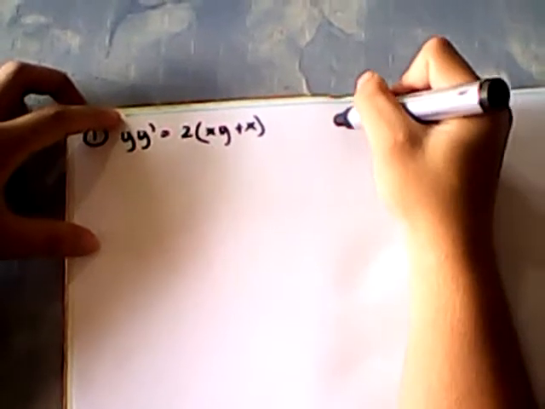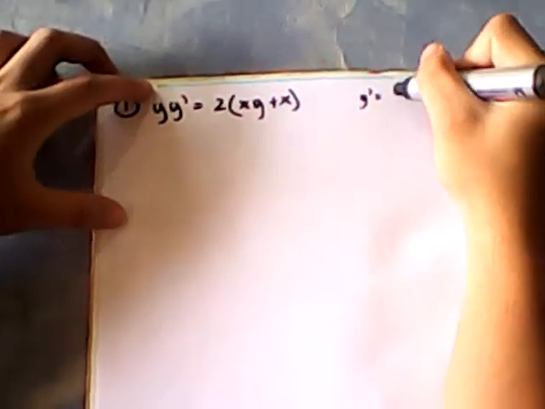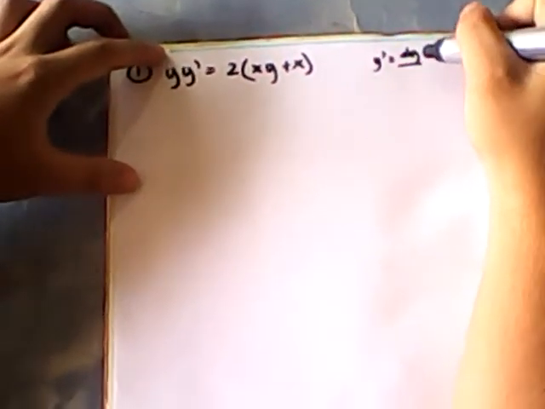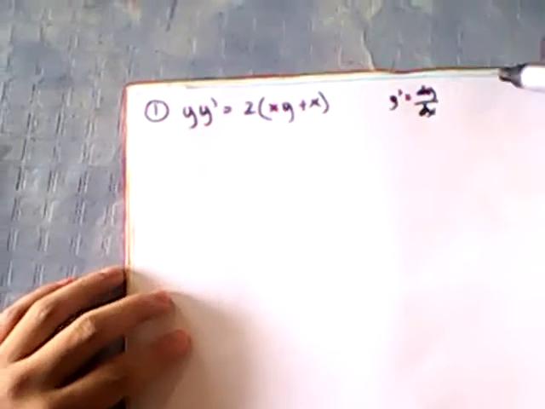We know that y prime is equal to dy over dx.